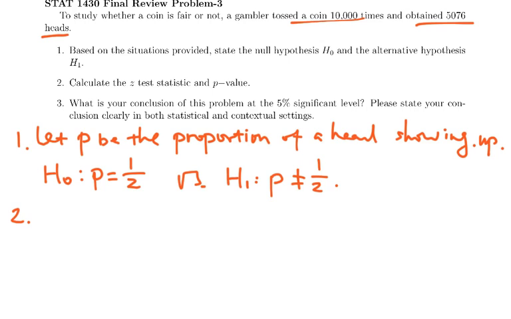Firstly, for the z-test statistic, we have z equal to the observed proportion.